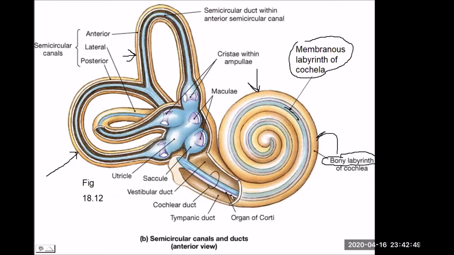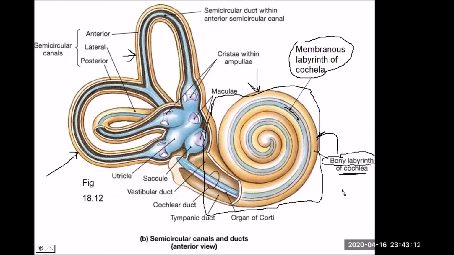So anywhere and everywhere we see the blue shading on this figure. And we notice the membranous labyrinth is deep to the bony labyrinth. And this is now the entire inner ear region. And we're going to start here with the spiraling segment. This spiraling segment is known as the cochlea.